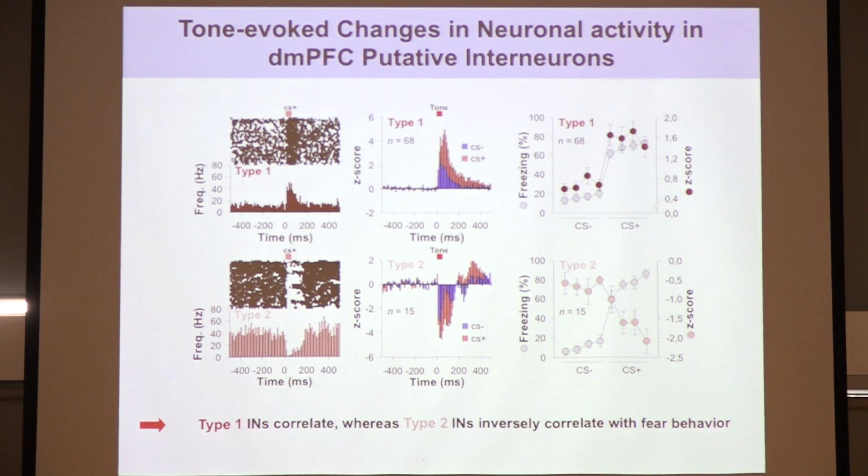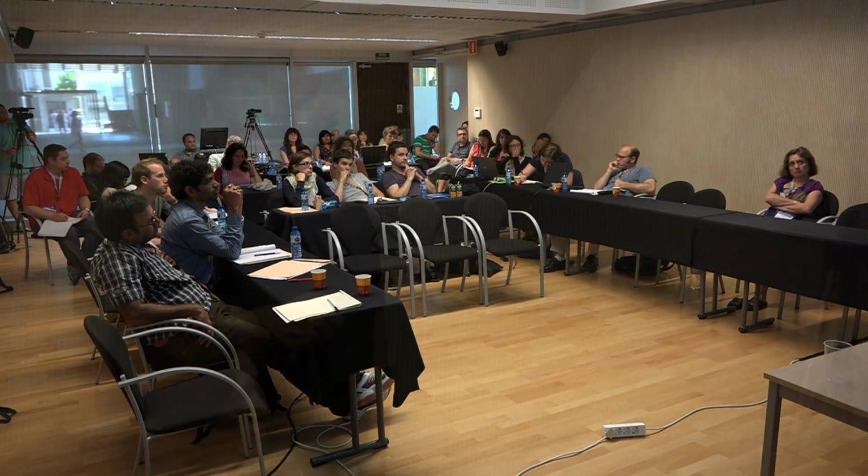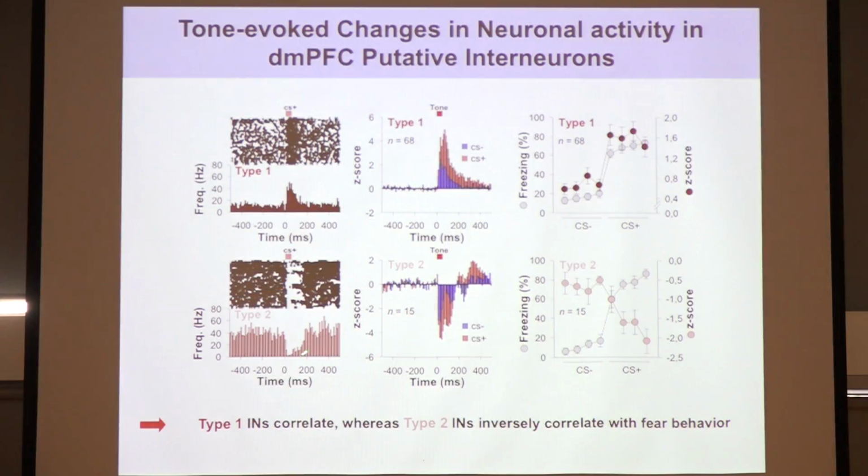Could you alternatively propose this is attention? So we thought about this question. That's a really good point. You can see it here, especially for the type 2 interneurons. Can you see it here? Okay, so in the first 10 milliseconds, the blue here shows a strong inhibition to the CS minus, right?